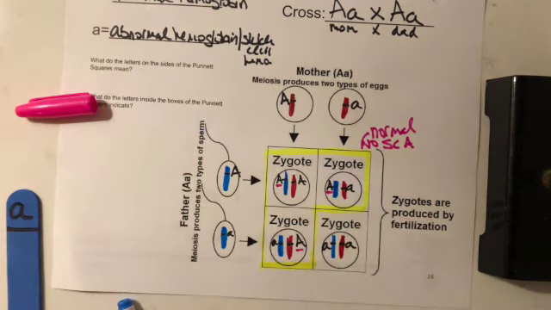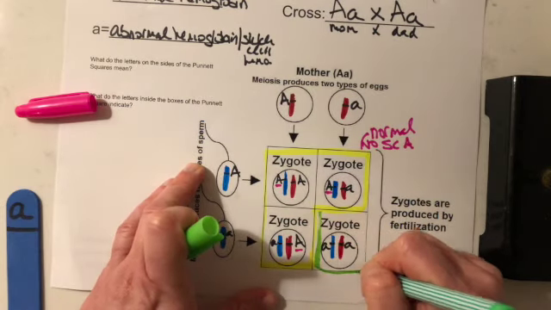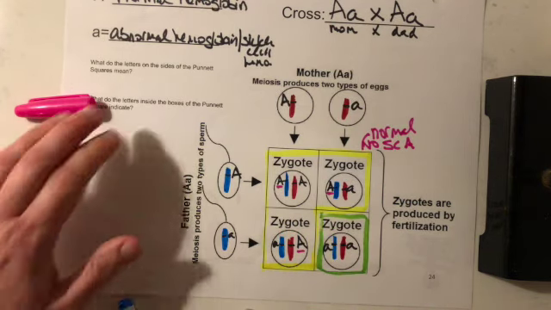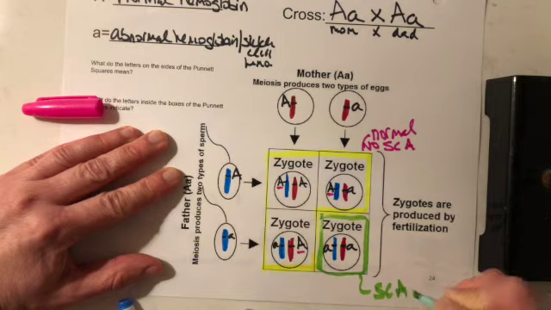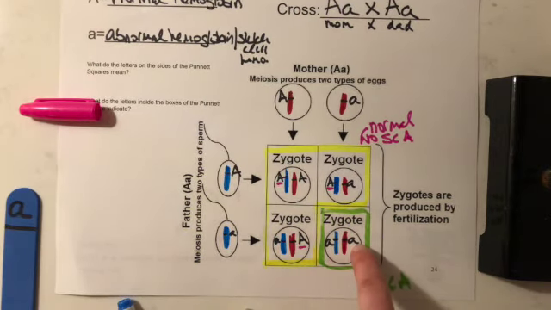Now this fertilization event over here, I'm just going to use a different color highlighter. This child is going to have sickle cell anemia because they have two little a's.